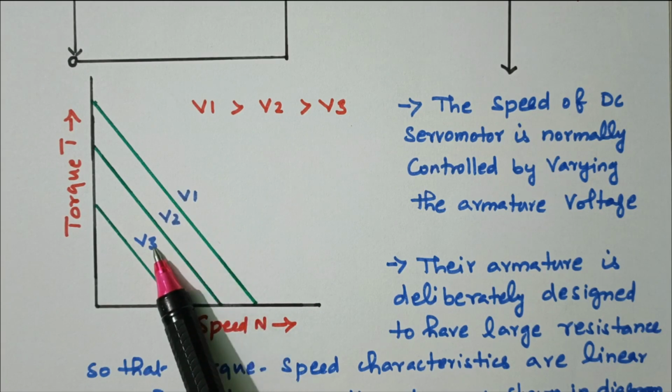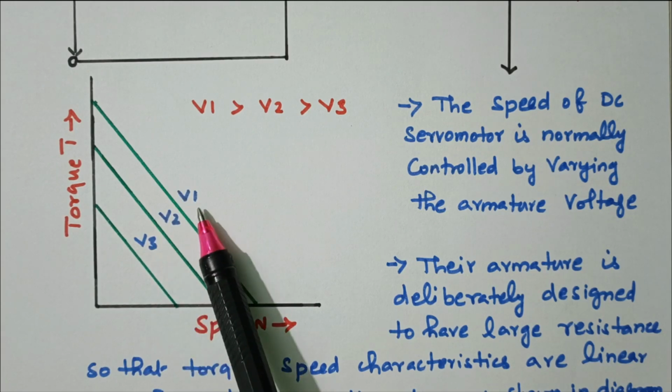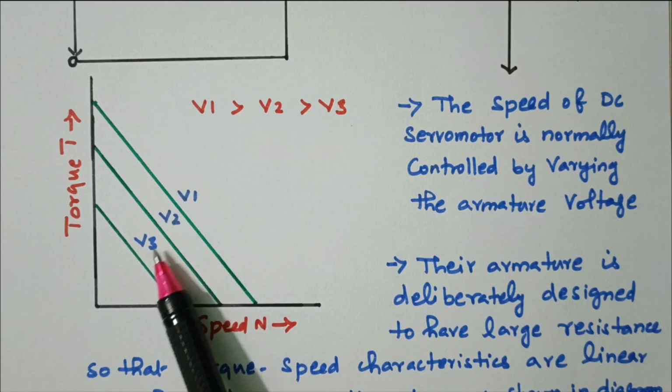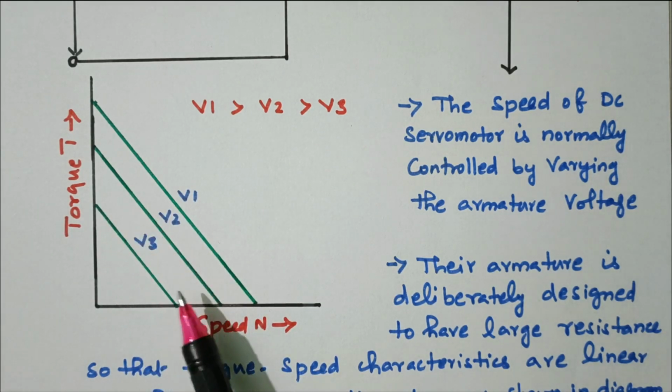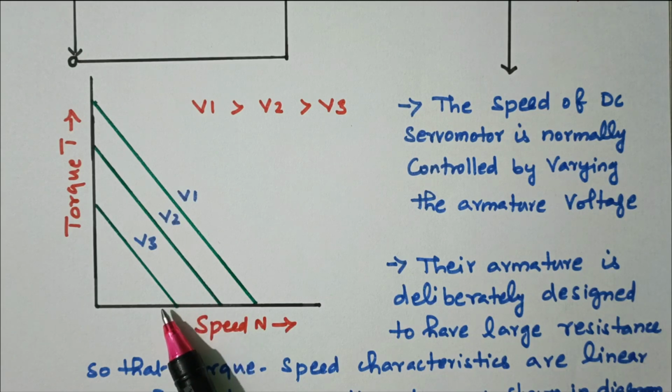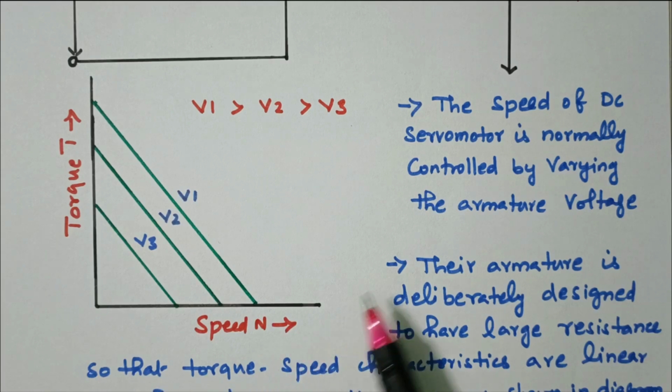These are the different voltages, V1, V2, V3. V1 is greater than V2, then V3. So when the voltage increases, the level also increases, but it is going in a negative slope. That is also an added advantage. If the speed increases, the torque will decrease. That is another important characteristic of a servo motor.